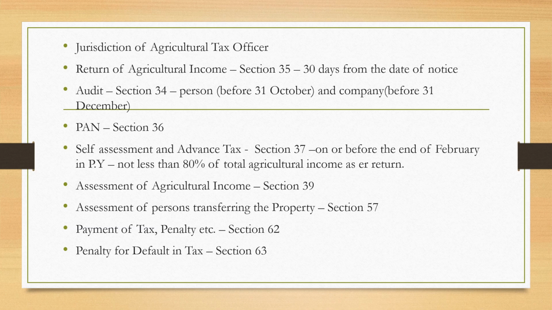The agriculture income tax officer may also allot to any other person by whom tax is payable a PAN.